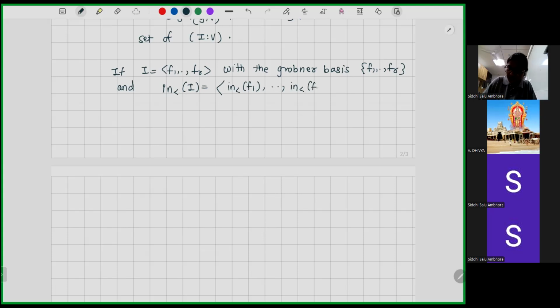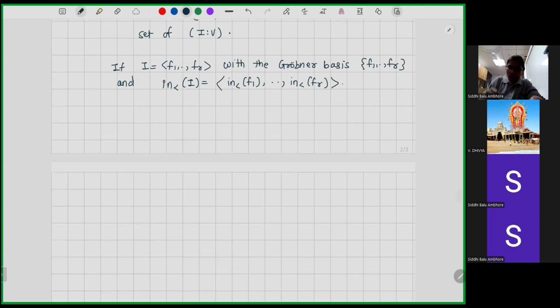That's a property we have for Gröbner bases. So if I is generated by F1 to Fr and F1 to Fr are also a Gröbner basis of I, then the initial ideal is generated by in(F1) up to in(Fr).